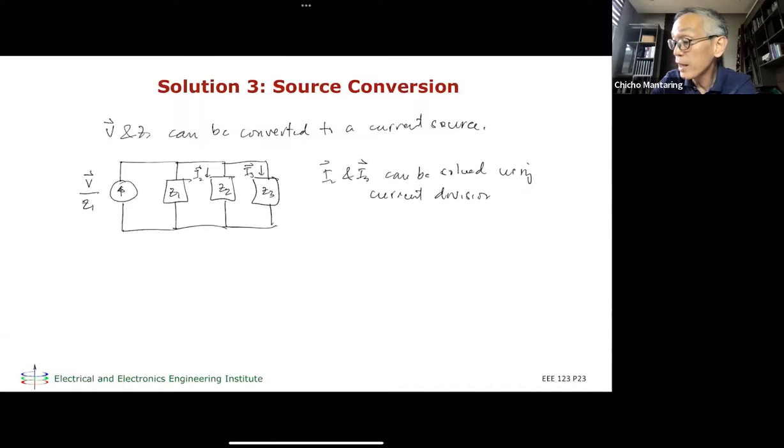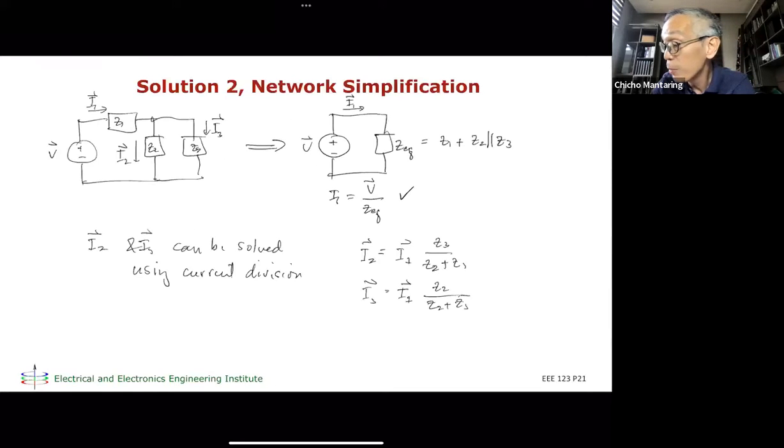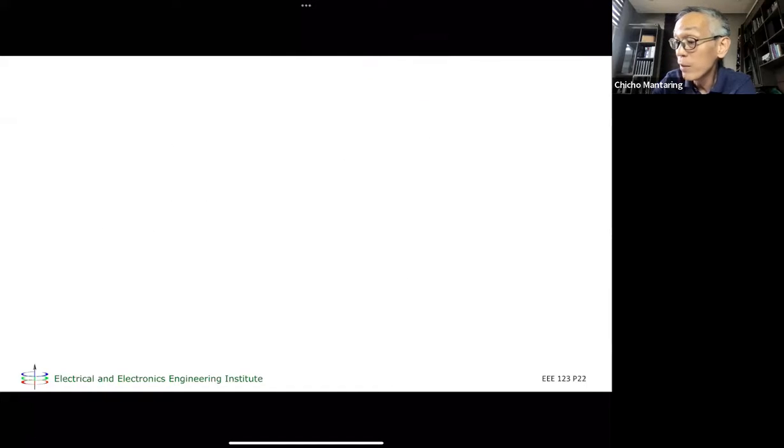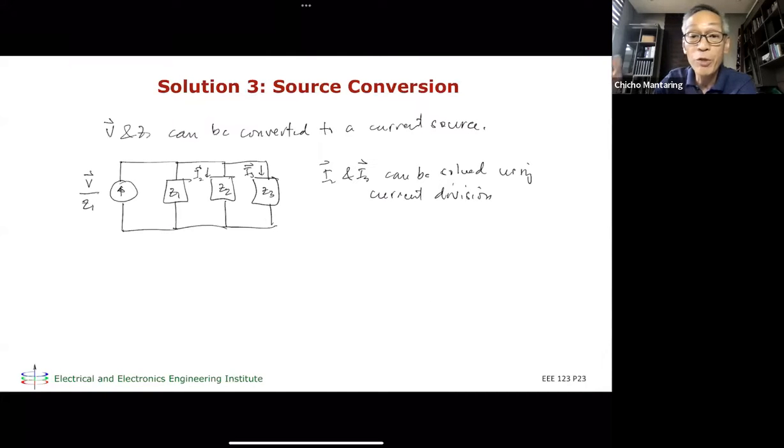Pero ang current division natin ngayon, hindi natin pwedeng gamitin yung shortcut formula, no? Hindi pwedeng itong mga formula na to kasi tatlo na to, no? So you have to use the long current division formula. And then when you know I2 and I3, it's easy to get I1. I1 is just I2 plus I3.